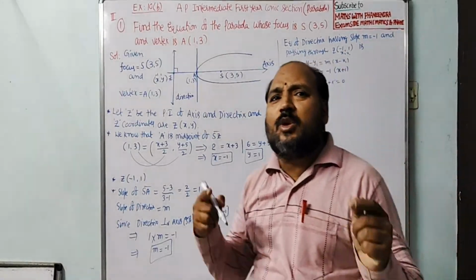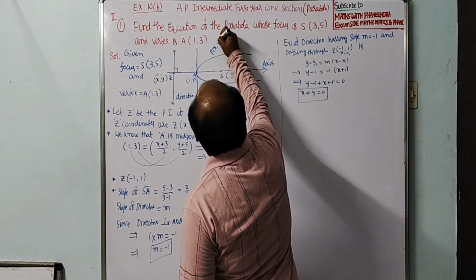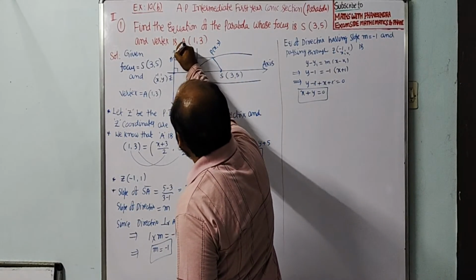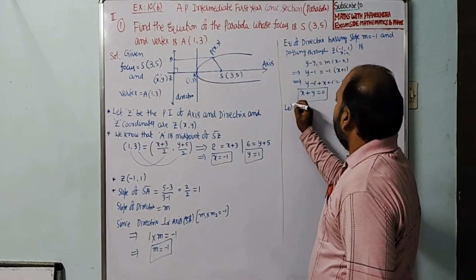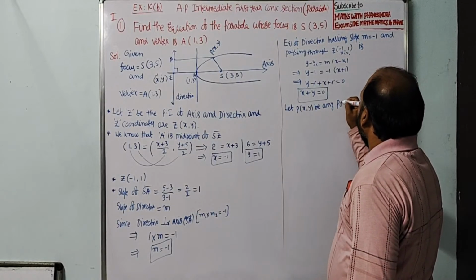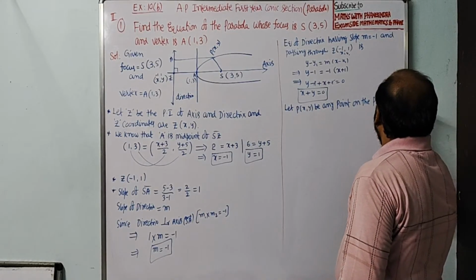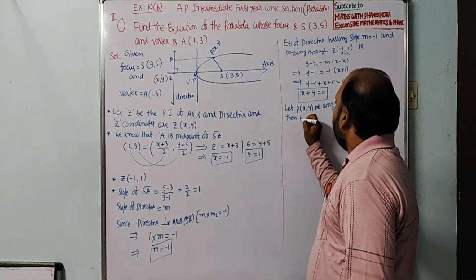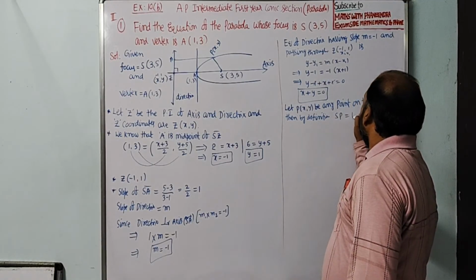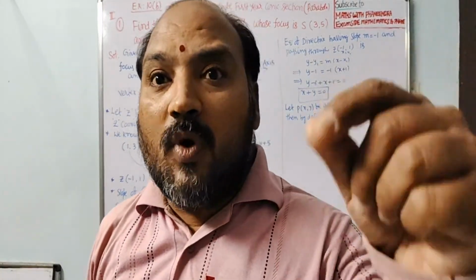Sir, what is the advantage of calculating the directrix? Let us assume any point on the parabola: SP/PM = e, where e is the eccentricity, whose value is 1 now. Let P(x, y) be any point on the parabola. Then by definition SP = PM directly. Generally SP/PM = e, and e = 1 for a parabola.